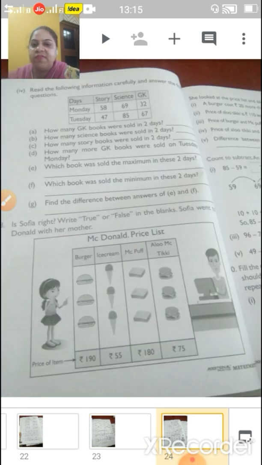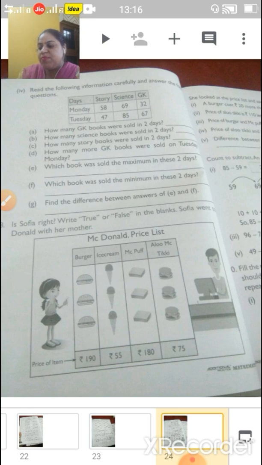Now come to next page. Read the following information carefully and answer the following questions. Now children, this is a story based question, like days Monday, Tuesday, and story 58, 47. Science, they are taking Monday 69, Tuesday 85, and GK they are taking 32 plus 67.